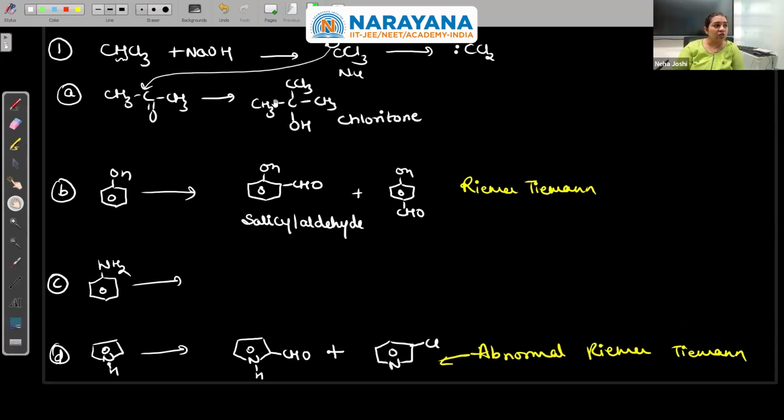One reagent causing nucleophilic attack. When this CCl3 minus fails to attack, when we go to this, the ring is electron dense, so CCl3 minus cannot attack. Therefore, it was carbene formation, and then the carbene comes into the scene. Here it was a nucleophilic addition reaction, an AN reaction, you observed.